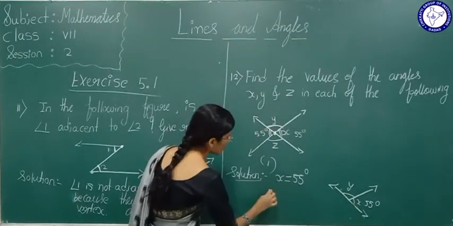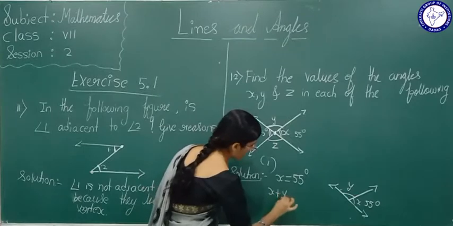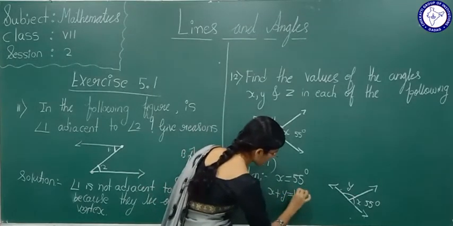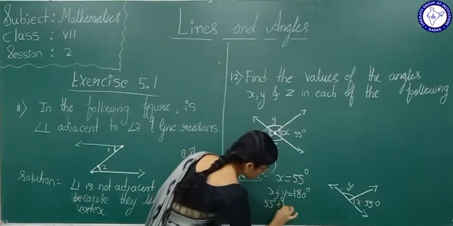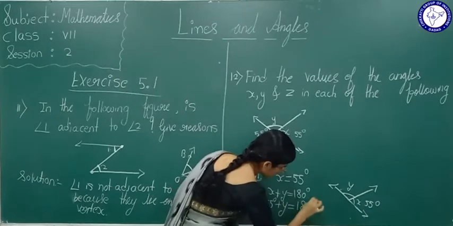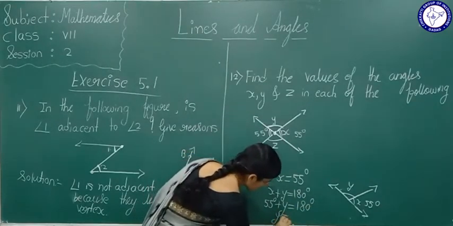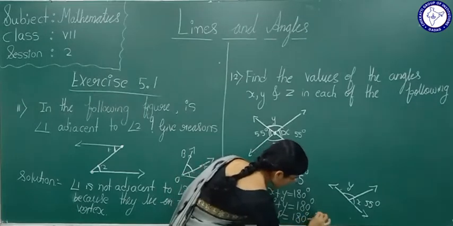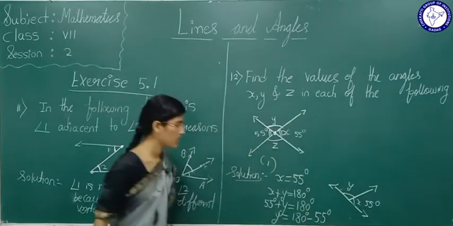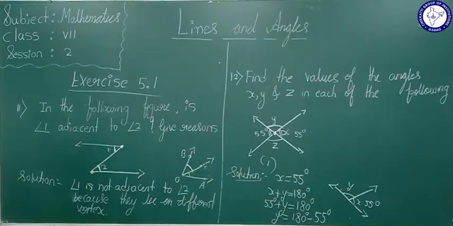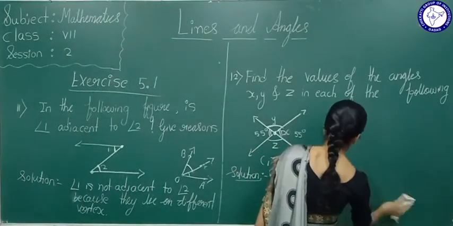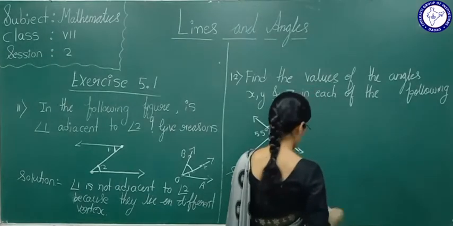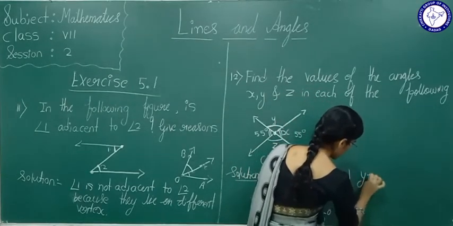What can we tell here? x plus y is equal to 180 degrees. Yes or no? So the x value you can substitute: 55 degrees plus y is equal to 180 degrees. So y is equal to 180 degrees minus 55 degrees.